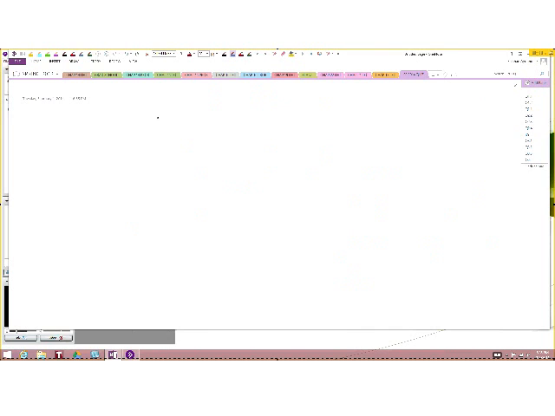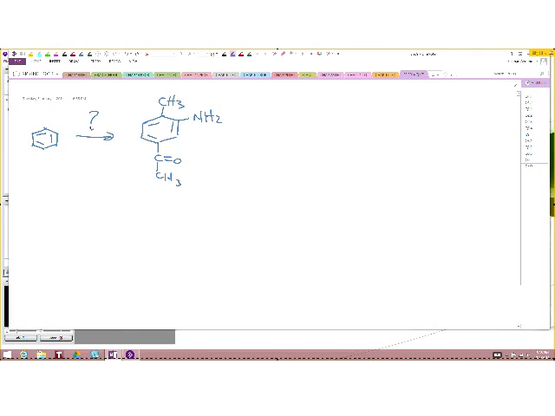Supposing this is what I want you to make from benzene, just a twist on what the last question that you just did. Okay, how will you do that?